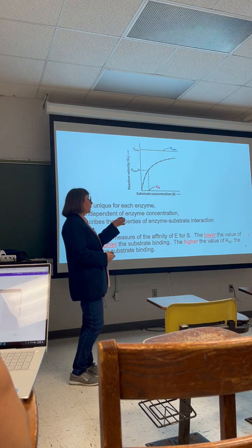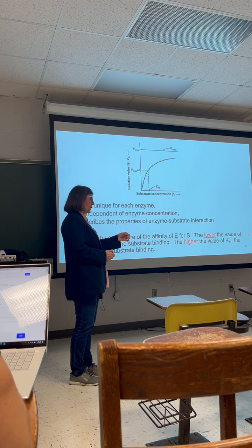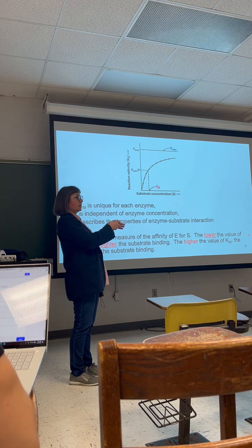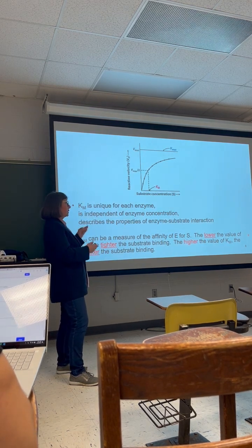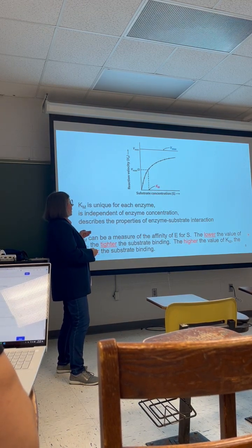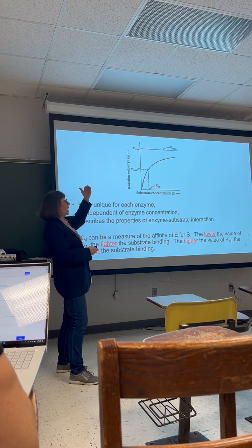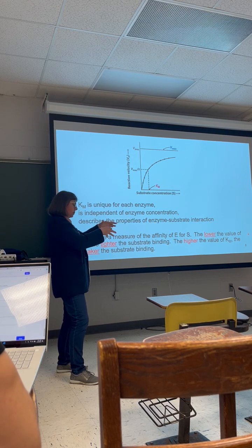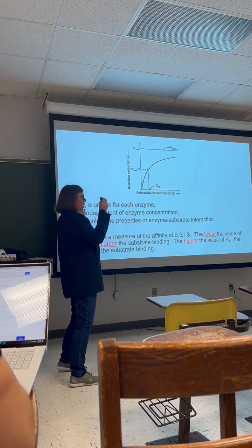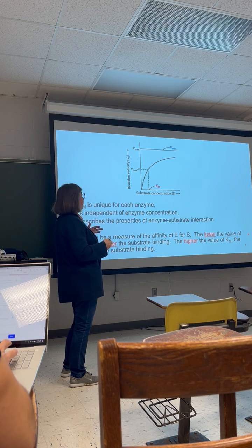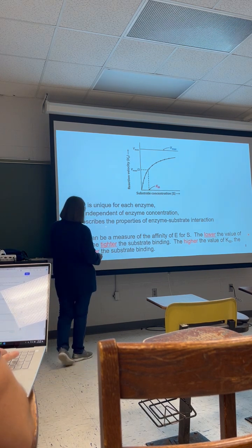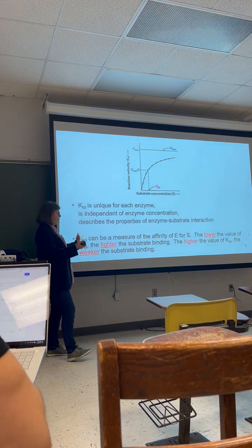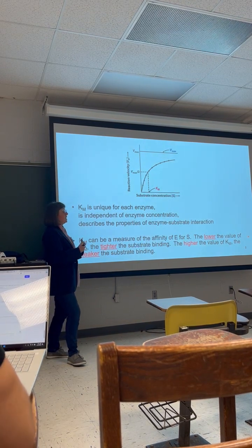It doesn't matter if you have very little enzyme or a lot of the enzyme, Km would not change. Km is just a feature of the enzyme. Your Vmax would change if you add more enzyme, because you can now produce product much faster, but Km does not change with enzyme concentration, and this really describes the properties of the enzyme-substrate interaction.